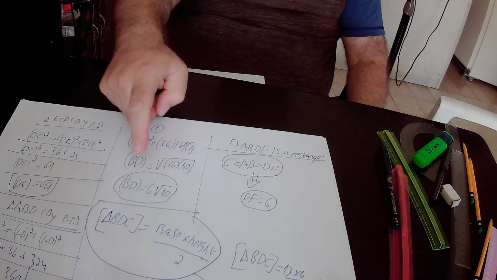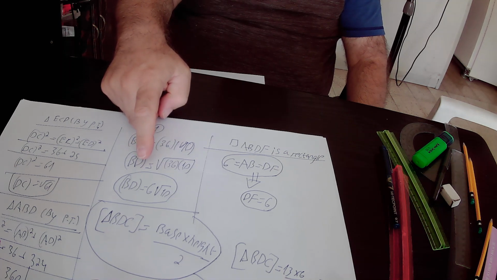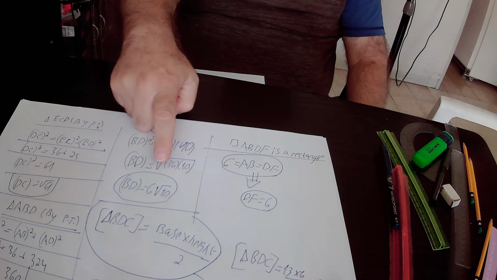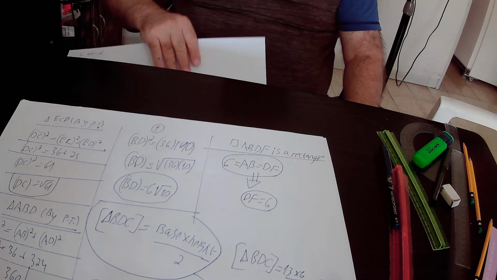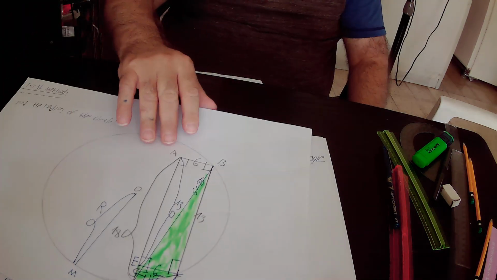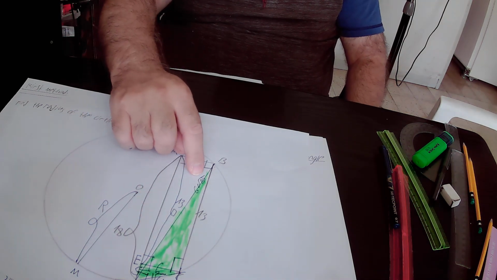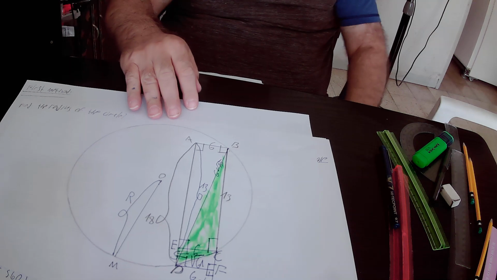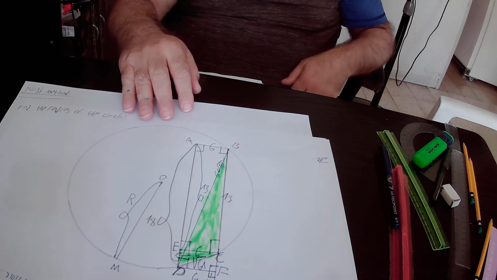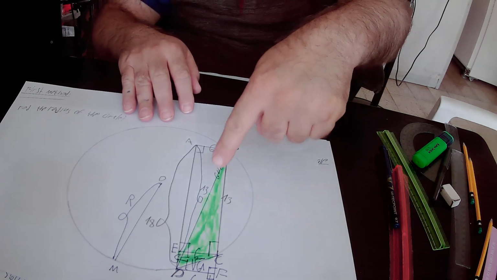So BD, that is the hypotenuse, equals 6 times the square root of 10. Here we found out that the hypotenuse BD of the right triangle ABD equals 6 times the square root of 10 units. In the next step, we calculated the area of the green triangle BDC.